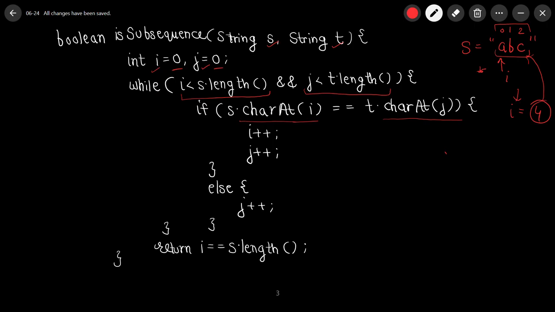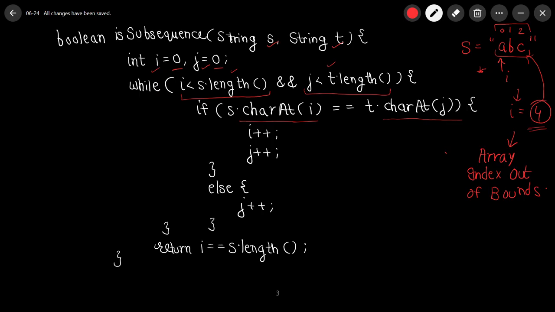So that's why we put those checks, so that we stop this process if the index value exceeds the string's length. Because if we try to access the 4th character here, we would get an array index out of bounds exception, because we are trying to access something which is not even present in our string.